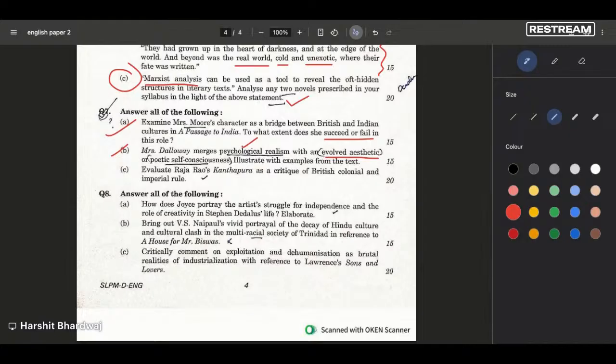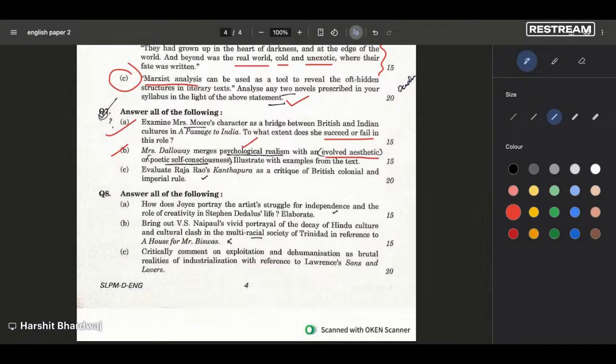So it merges psychological realism with an evolved aesthetic. Now that psychological realism required an evolved aesthetic in terms of how it is presented in the text. Aesthetic is how we arrange something. It is often described as design or aesthetic beauty.